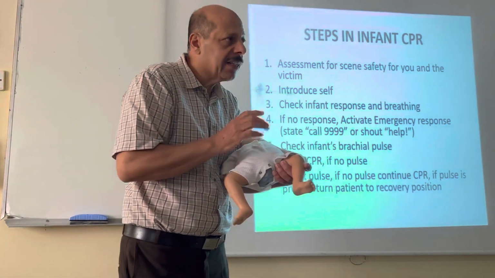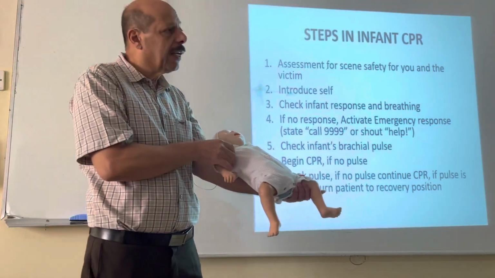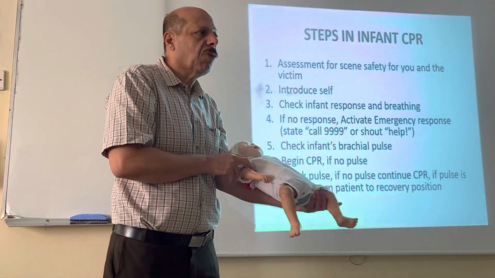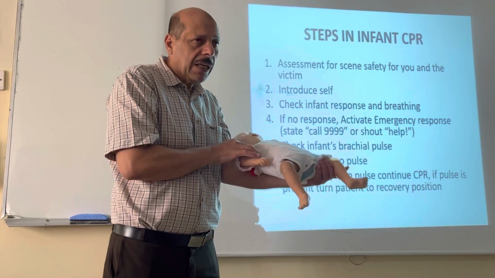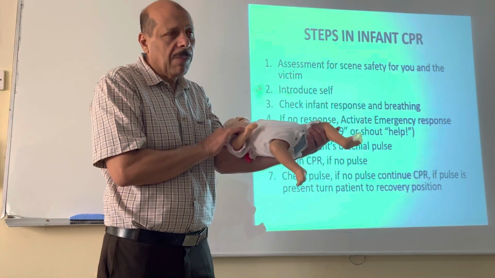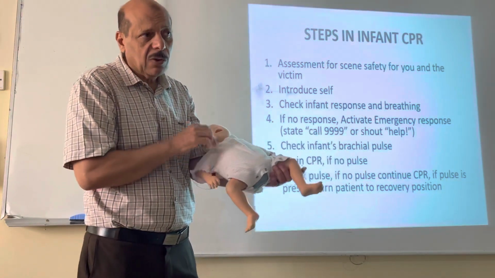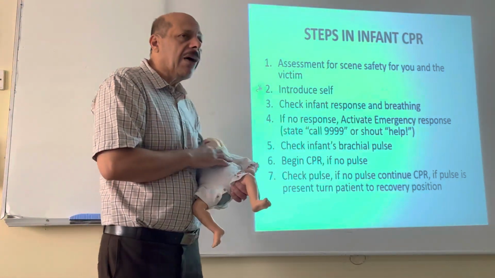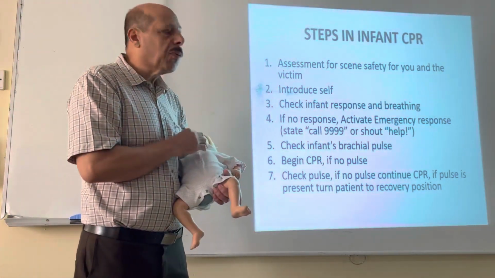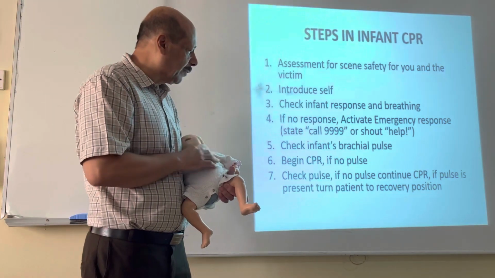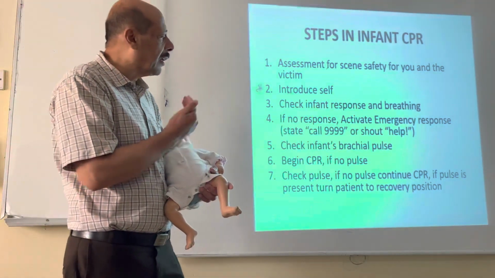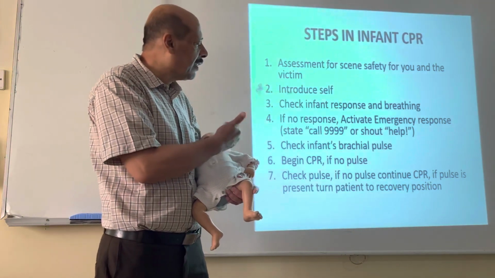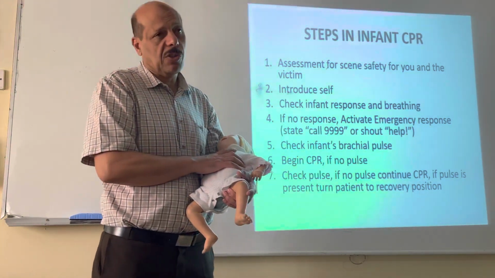If nothing is there, I have to check also the brachial artery. I will not check from the carotid for infant. Only I will check from the brachial artery. No pulse, no breathing. In this case, we have to begin with the CPR. Check the pulse. If no pulse, continue with CPR. If the pulse is present, return to recovery position.